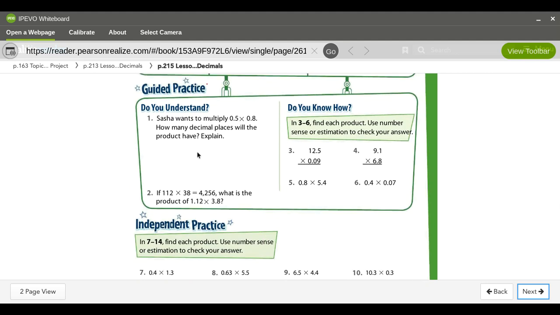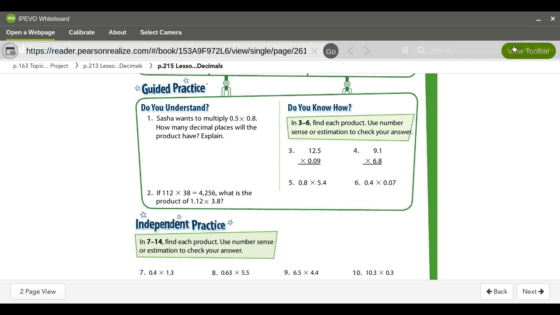All right, so if we take a look at number 1, it says Sasha wants to multiply 5/10 times 8/10. How many decimal places will the product have? And explain. So again, I look at how many decimals I have in my factors or how many digits I have behind the decimal. So in 5/10, I have one value behind the decimal, and in 8/10, I have one value behind the decimal.